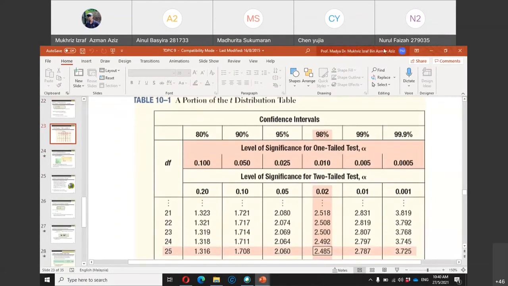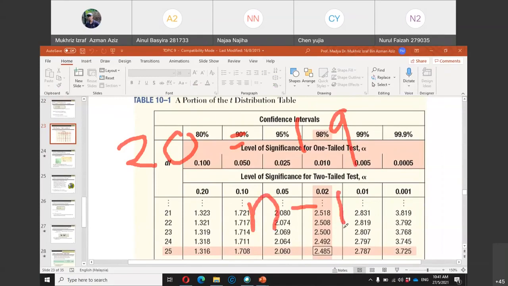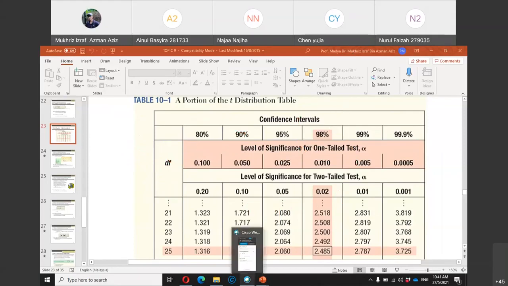In the one sample test, if your sample is 20, then your DF will be 19, meaning you use the formula n minus 1. This is only for the one sample test. If your sample size is given as 20, you need to refer to the column that refers to 19. That is what you did in the one sample test.